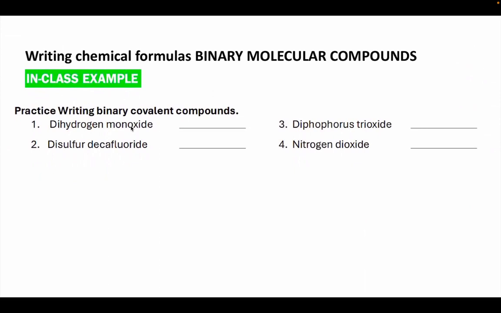Let's do some more. Again, I would pause the video and try these and then check with me. This is going to be dihydrogen monoxide, which is water, and disulfur decafluoride. This one I want to point out that we do not reduce these.